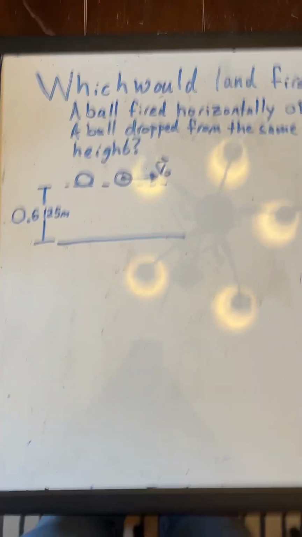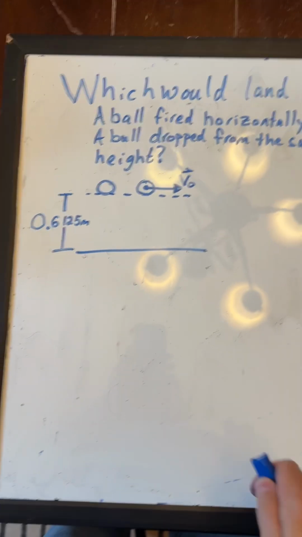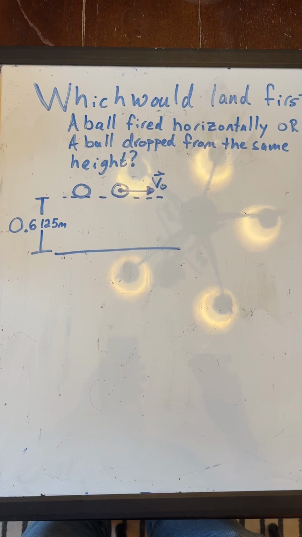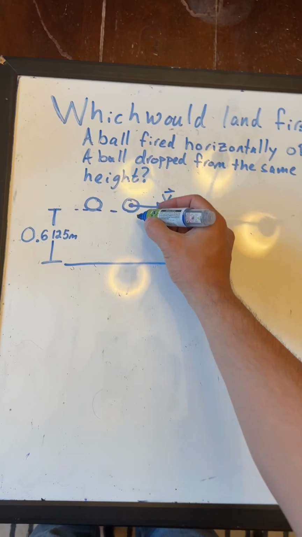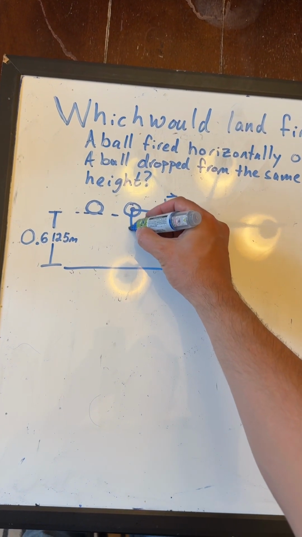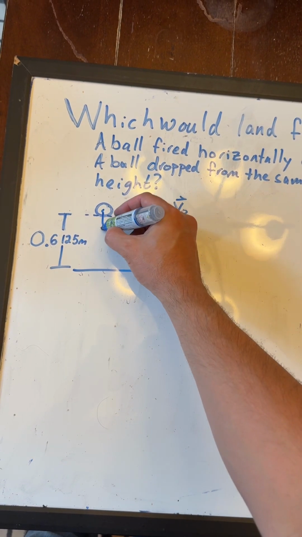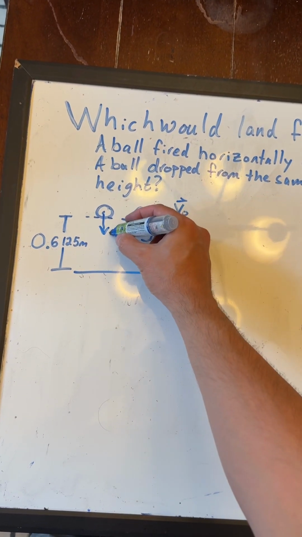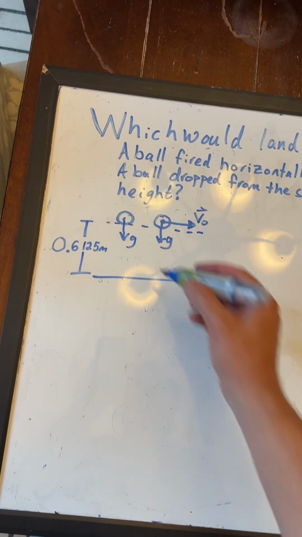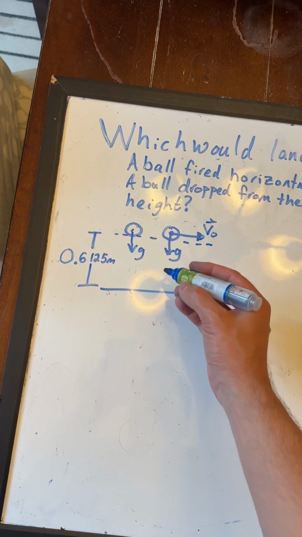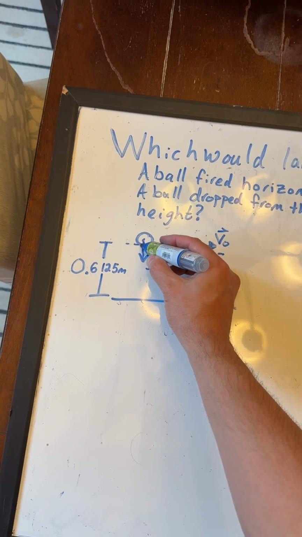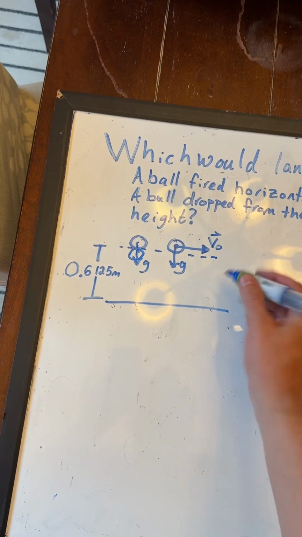If we think about this, we've got our ball fired horizontally and our ball dropped from the same height. Both of these are going to be accelerating down due to the force of gravity at the same rate. g's the same on all objects. A split second later, they'll both have fallen some distance.